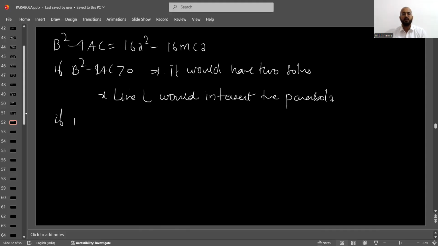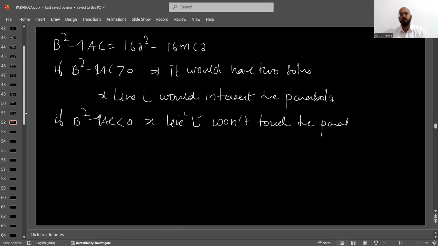And if b square minus 4ac is negative, that means line L won't touch the parabola. And if b square minus 4ac is 0, then line L will be the tangent.